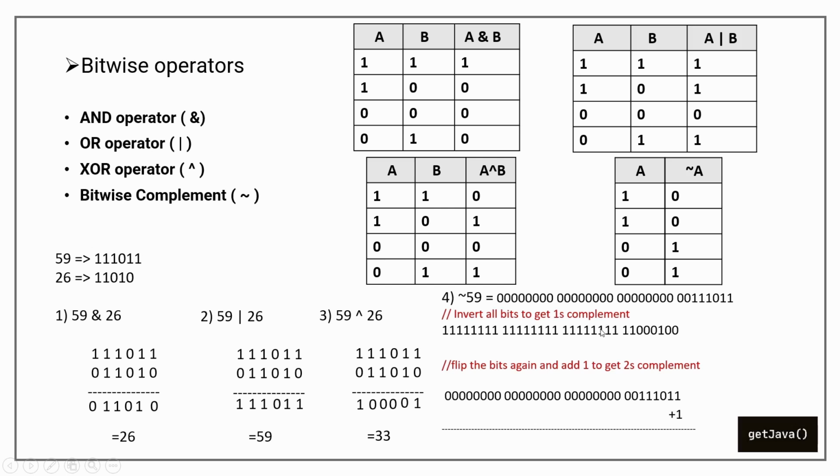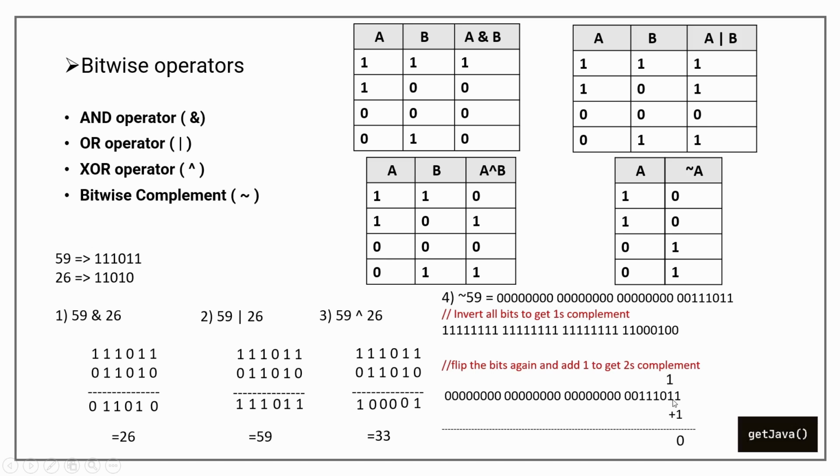Now to get the twos complement, we have to flip the bits again and add 1 to get twos complement. So we have to flip this bit again. So basically take the original representation and add 1 to it. So addition of bits is done like this in binary. 1 plus 1 is 10. So we will write 0 here. 1 will be carry.